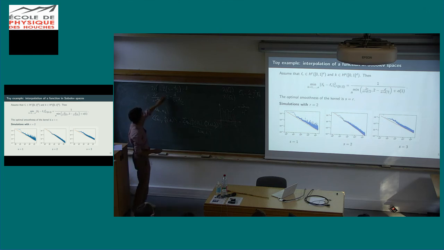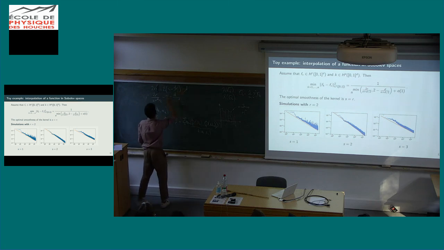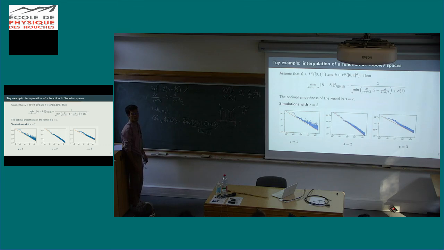And now I have 2d over 2 minus d. The d cancel out. So this cancels out with this. I have 2r equal to s, r equal s.